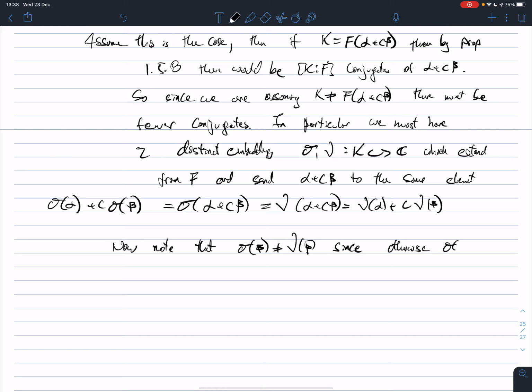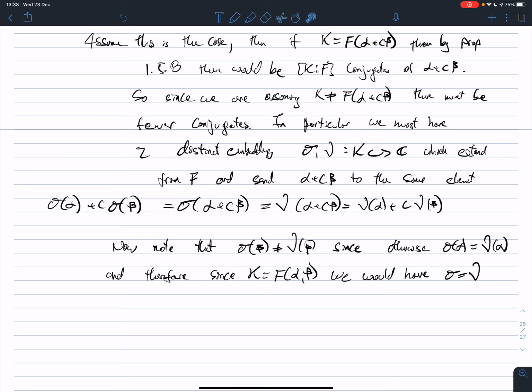Otherwise, sigma of alpha would equal eta of alpha, and therefore, since we're assuming that k is this field, we would have sigma equal to eta.